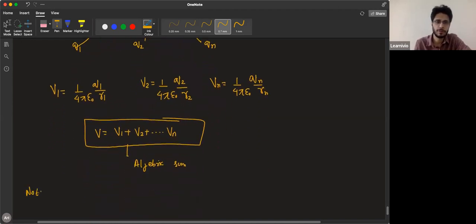See, there is one more relation, and that is the relation between work done and potential. Let's say you have a point A, the potential at A is VA. You have another point B, the potential at B is VB.